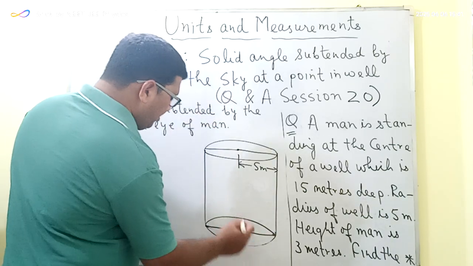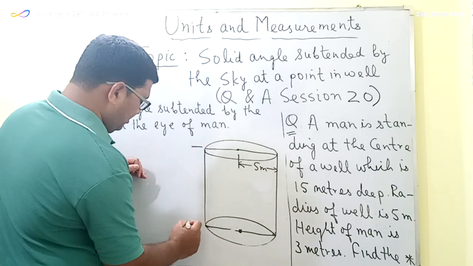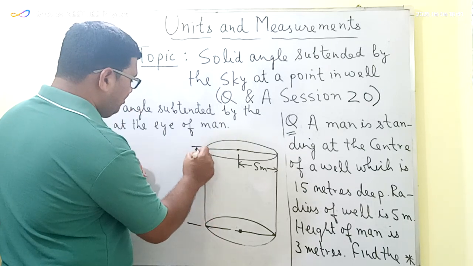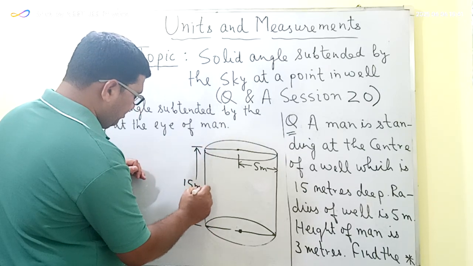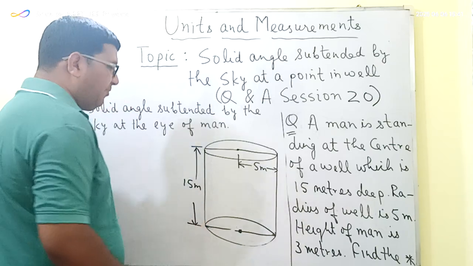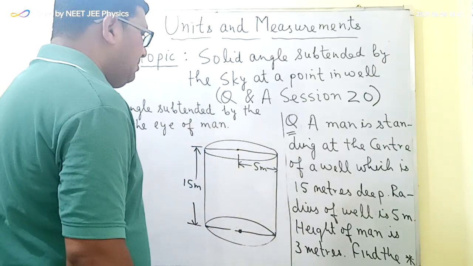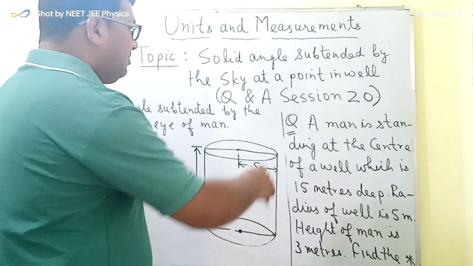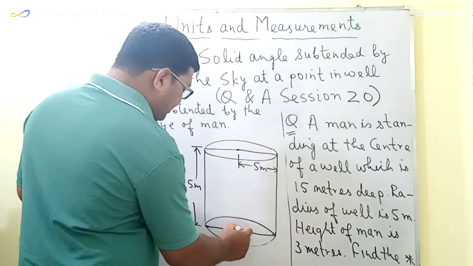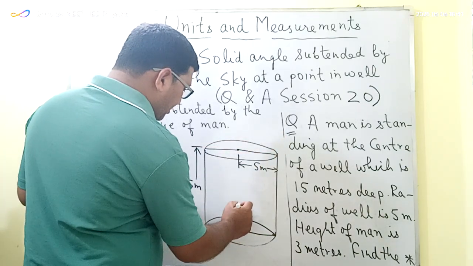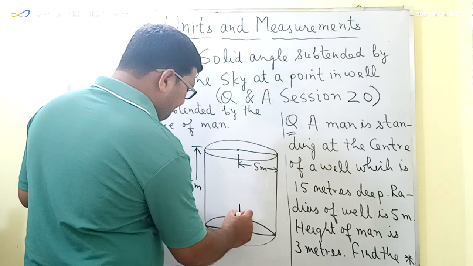So this is the depth of the well, which is equal to 15 meters, and the man is standing at the center of the well. So this is the center of the well here. There is a man standing here.